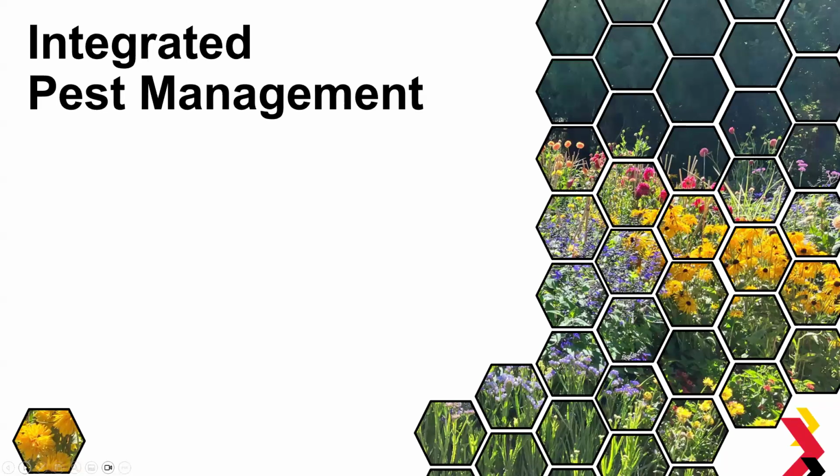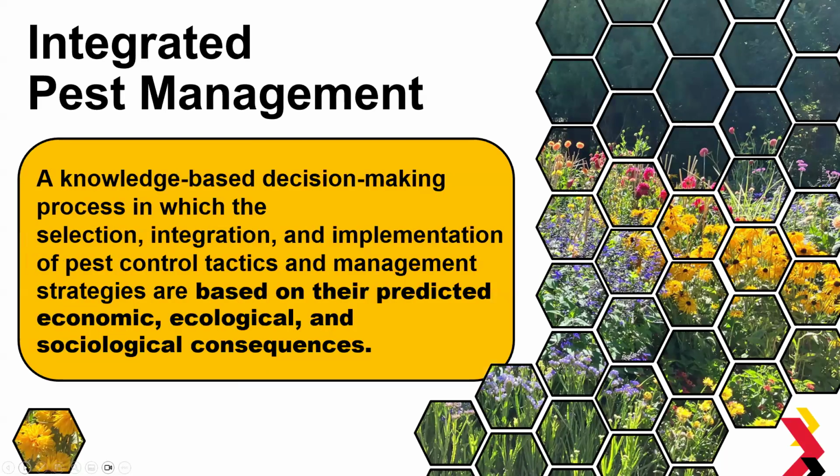Now, there are many definitions of IPM out there, many of which clearly represent IPM. It is a pretty broad field. So I'm going to present a couple of different definitions. We'll conclude with a very short and concise one that we'll use and reference throughout today's presentation.